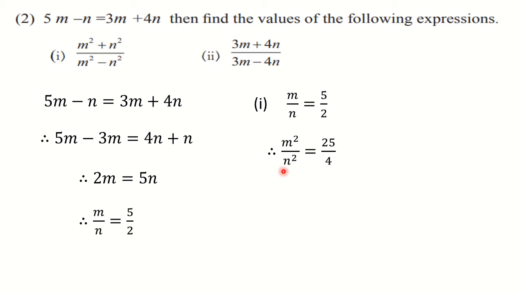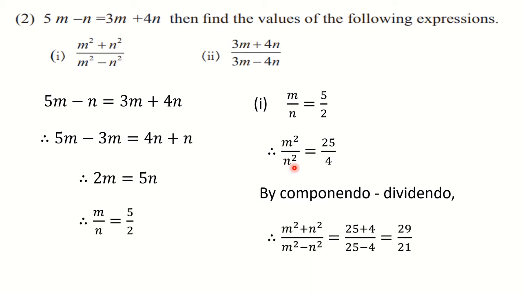Now to get the required ratio, we have to perform the operation componendo dividendo. So write down: by componendo dividendo. Componendo dividendo means to add the numerator to the denominator, and in the denominator we subtract the denominator from the numerator.